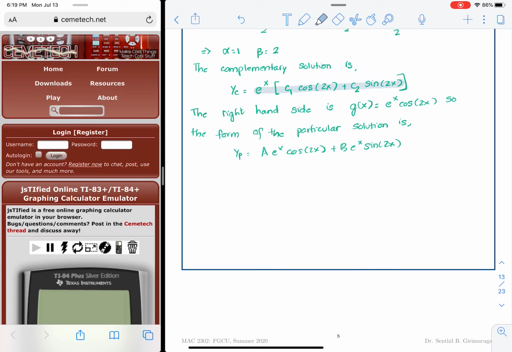Instead of a and b, we have c1 and c2. So that is not the form we need. The correct form is a x e raised x cosine 2x plus b x e raised x sine 2x.